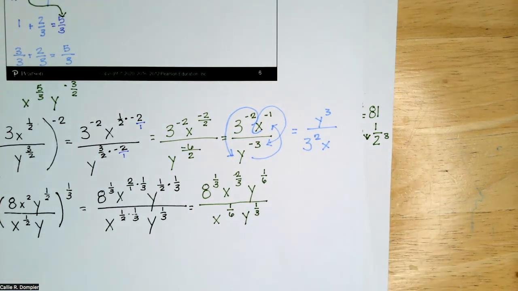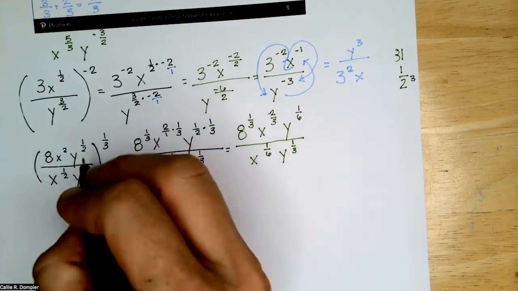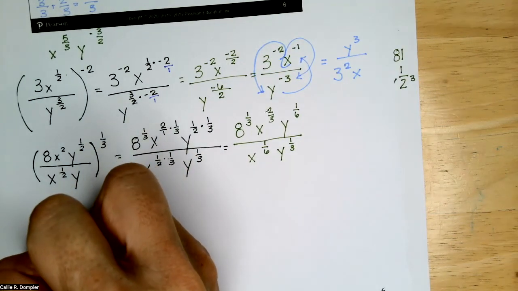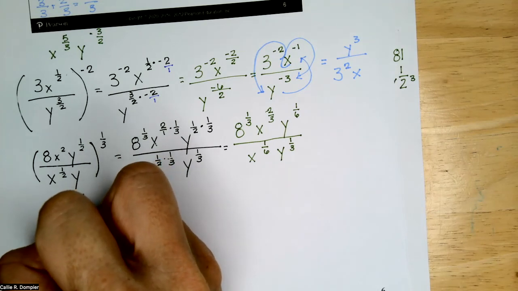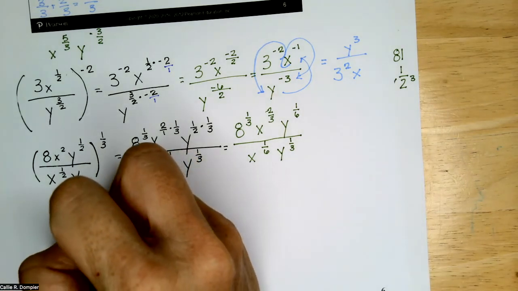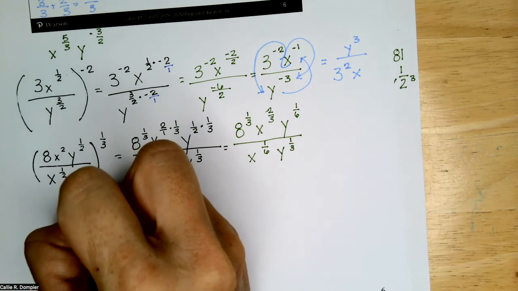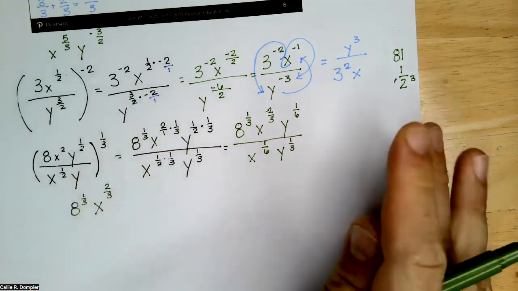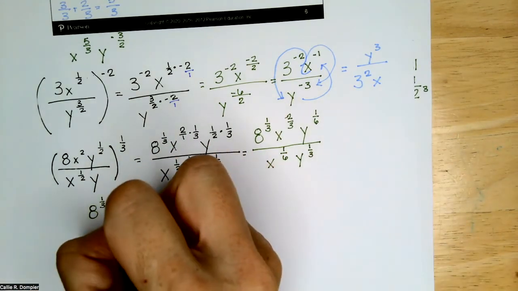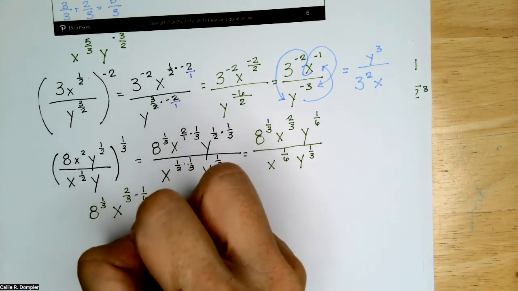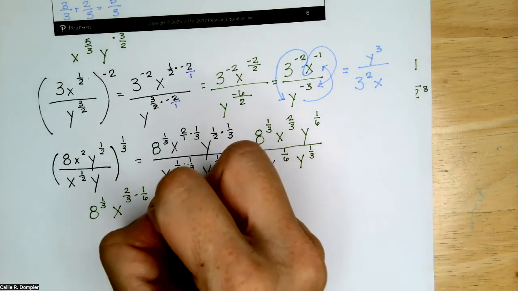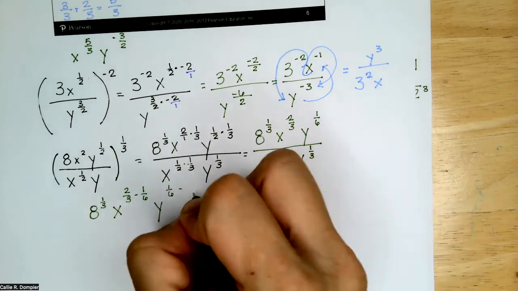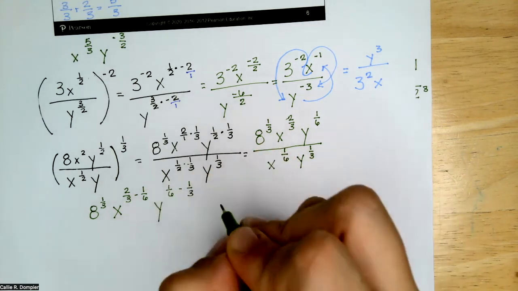We now subtract exponents of the denominator from the exponents of the numerator. Good? So that becomes 8 to the 1/3, x to the 2/3 minus 1/6, y to the 1/6 minus 1/3.